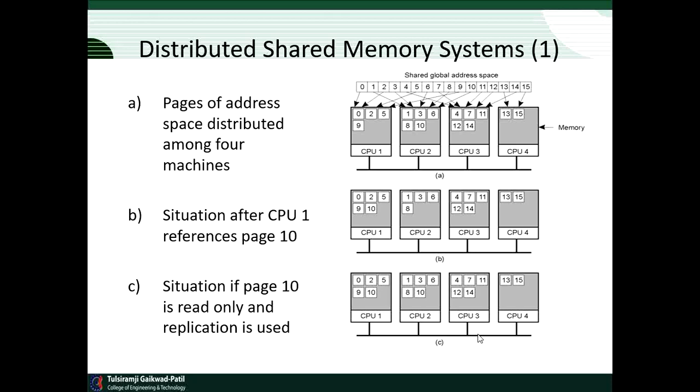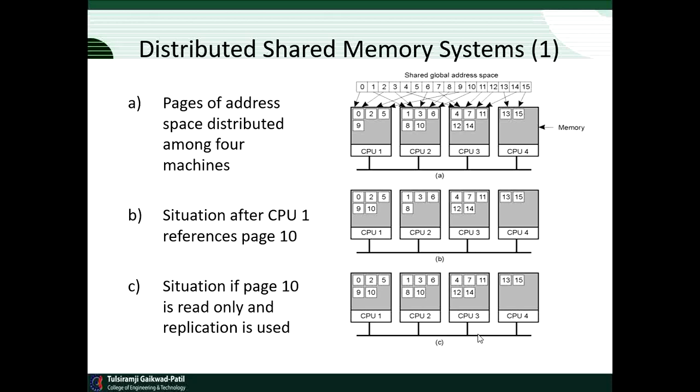And the second diagram shows the situation after CPU 1 references page number 10. In diagram A you can see that page number 10 is not available in CPU 1, but after CPU 1 references page number 10, it is received.